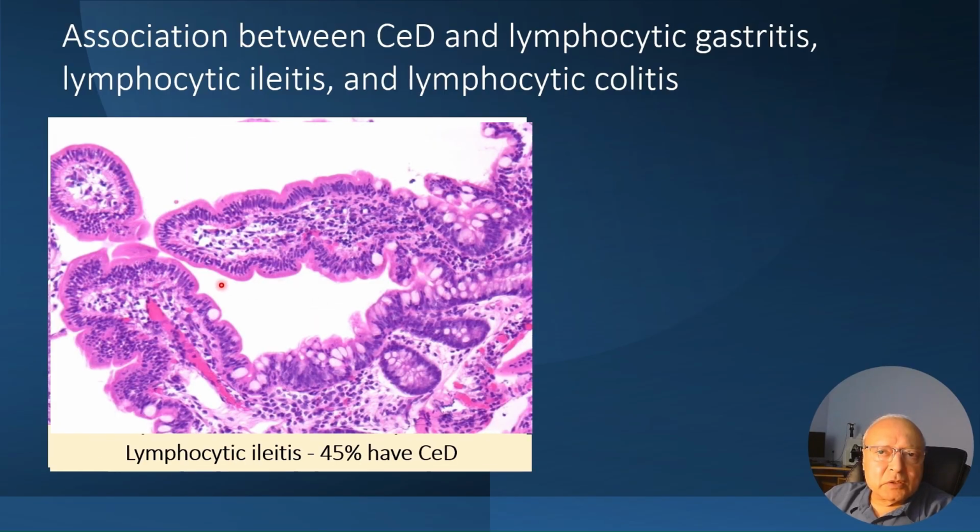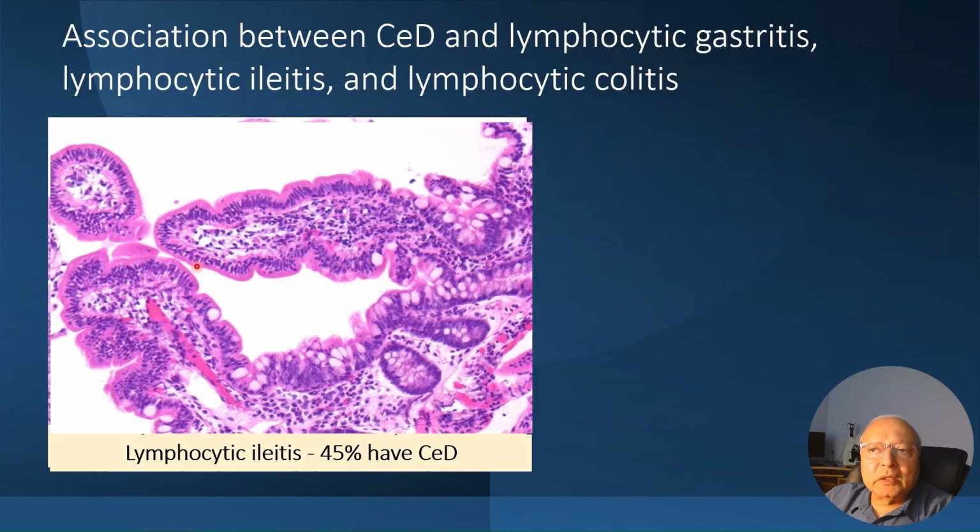The other disease is lymphocytic ileitis, and often patients who have chronic diarrhea get random colonic biopsies and also ileal biopsies. In this ileal biopsy, you see that there is increase in cellularity in the lamina propria, so a chronic ileitis.